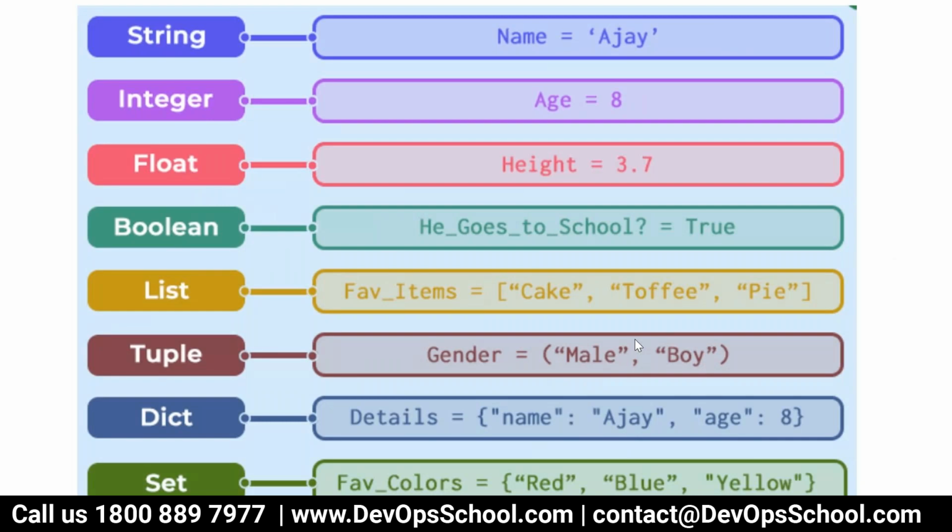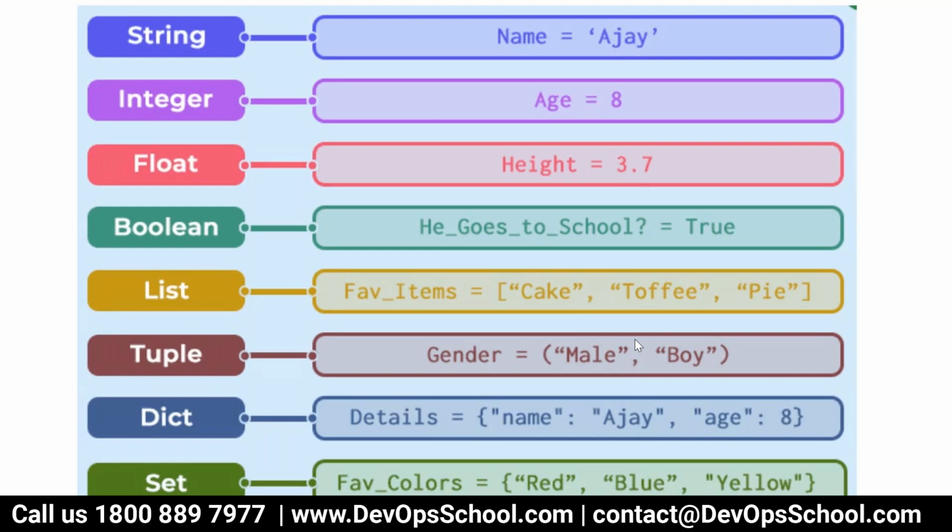You see here string has been written, name in a single quote or double quote, both you can do. So name is a variable, Ajay is a string. Because it's a string, we put it in quotes, single or double, both are okay. Integer means a number, like age.